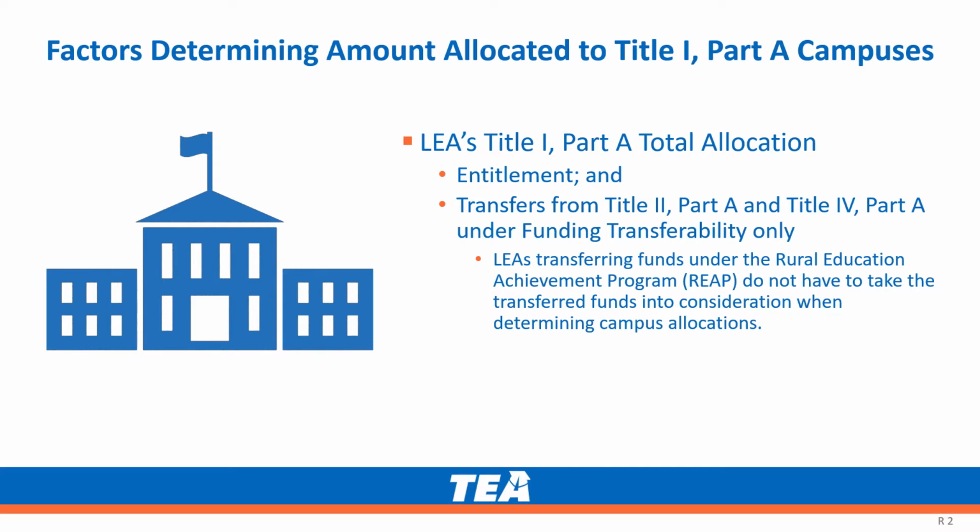Please note that LEAs transferring funds under the Rural Education Achievement Program, also known as REAP, do not have to take the transferred funds into consideration when determining campus allocations.